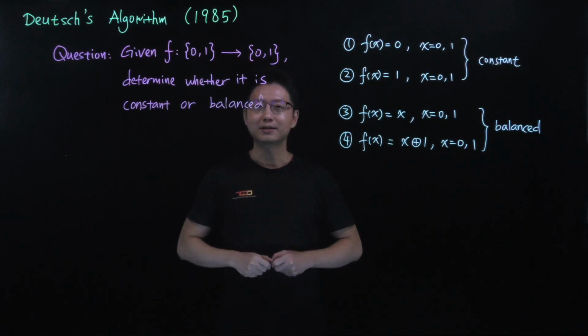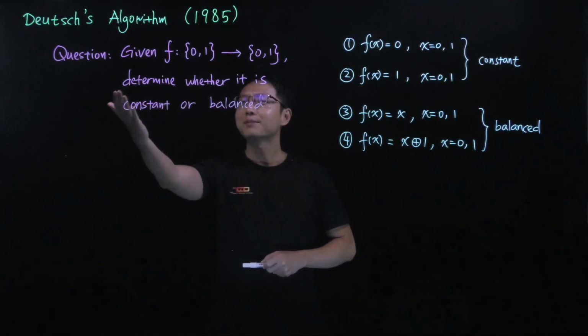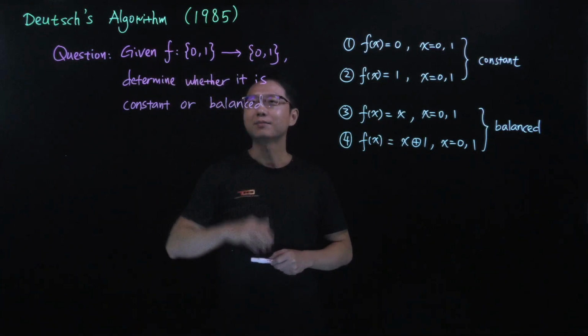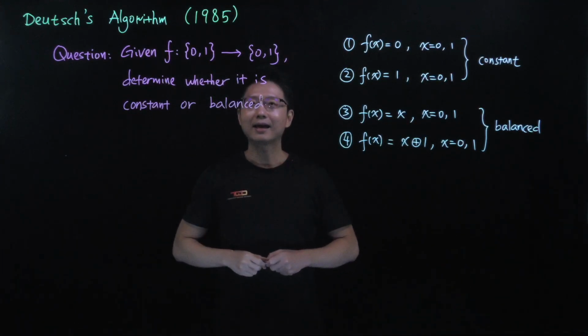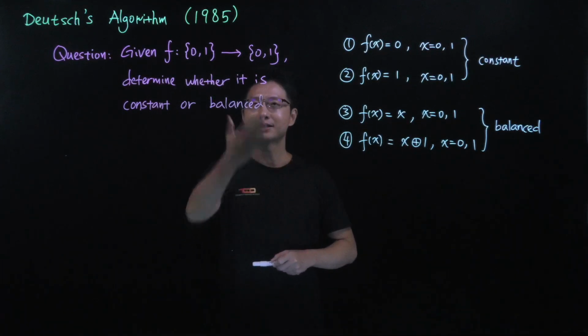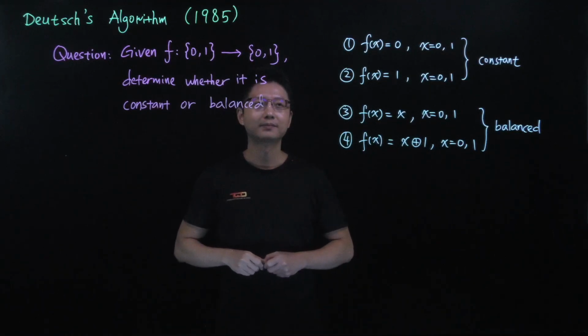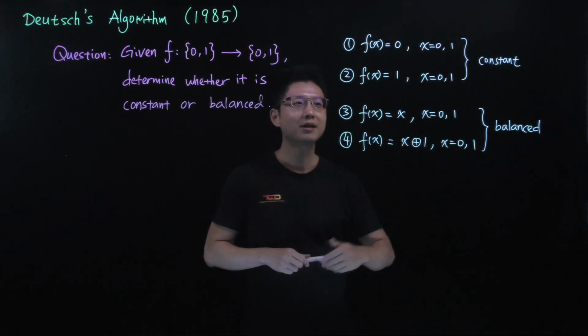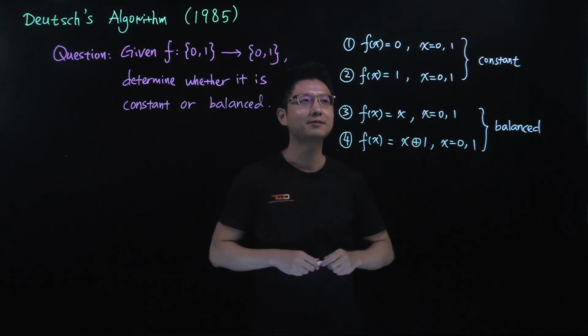Before we look at the algorithm, let me ask you the following question. Suppose I give you a function that takes a single bit as the input, it could be 0 or 1, and gives the output which is also either 0 or 1. We have already seen that there are 4 types of such functions, which I reproduce here for your reference.